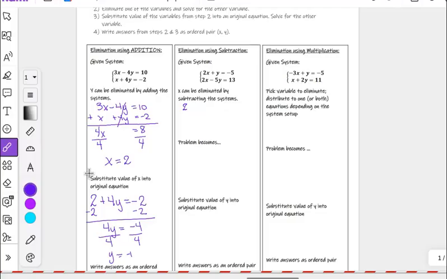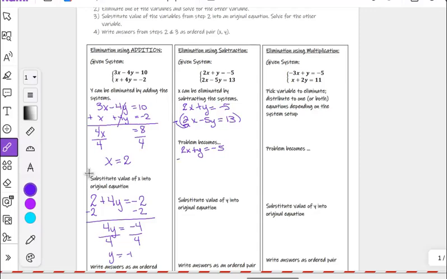So I would have 2x plus y equals -5, and then 2x minus 5y equals 13. Well, I'm subtracting, so one way to make sure that you don't miss a subtraction is to distribute this negative throughout. So then the problem becomes 2x plus y equals -5.